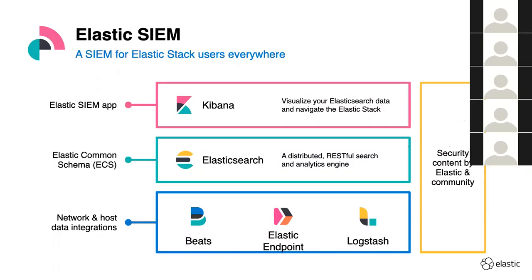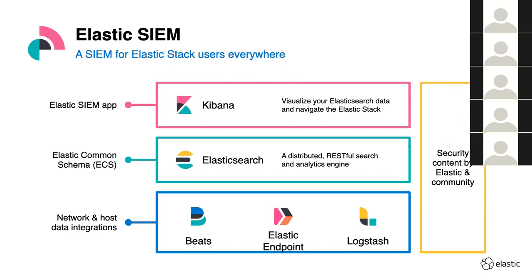We're going to talk also about ECS, or Elastic Common Schema for short, to build our data model. Open the new Elastic SIEM app in Kibana to bring it all together. So the SIEM is an application inside Kibana. You don't need to deploy it independently, or any extra work.